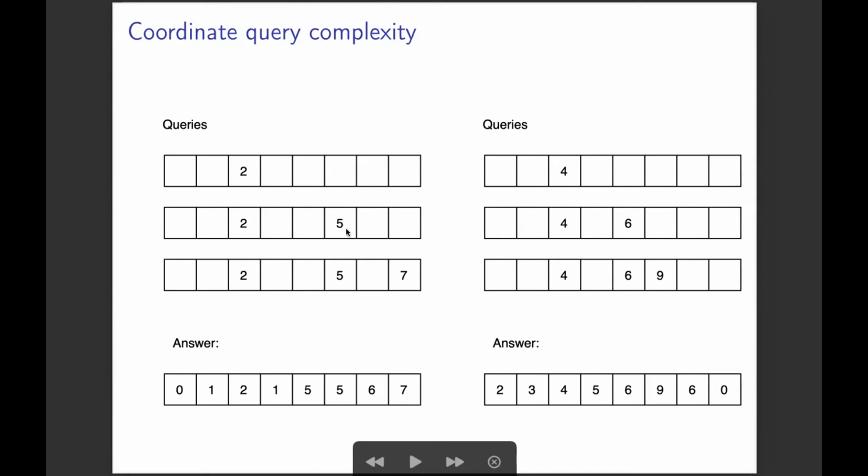For example, the algorithm would be: look at the projection of the third coordinate. If it's 2, then ask about the projection on the 6th coordinate, and then based on the answer, look at the last coordinate, which is 7. And once you have opened 2, 5, and 7, we can guess the whole word.